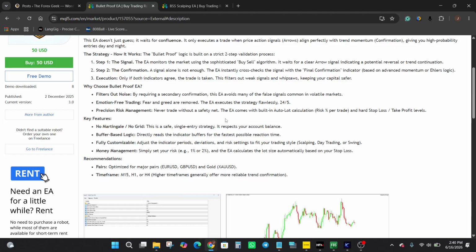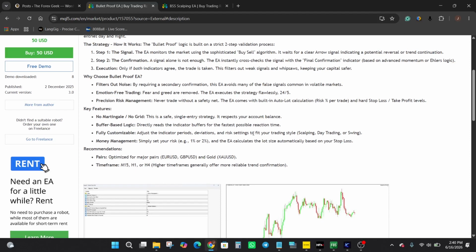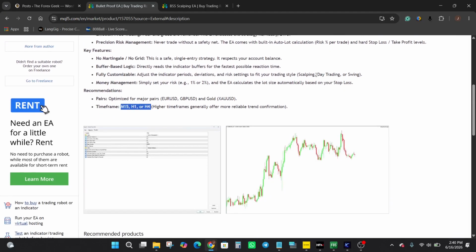Before moving into the backtesting section, the developer recommends using the EA primarily on EUR/USD, GBP/USD, and XAU/USD. Recommended time frames are M15, H1, and H4, with higher time frames noted as potentially offering more reliable trend confirmation. Now let's move over to the historical backtest results.